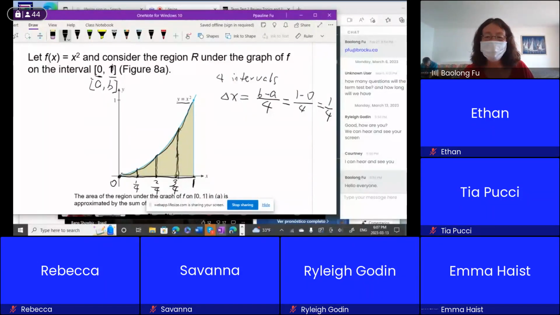If I add those 4 areas together, that is the area I'm asked to find. This is just an estimation, not the exact area. I pause for a moment to see if you have any questions.